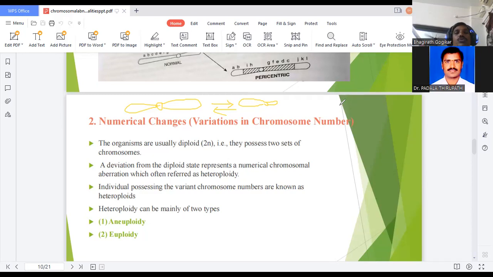In these two chromosomal aberrations, we can see position effect. What is meant by position effect? For example, before chromosomal aberration, the position of the A gene is here. After chromosomal aberration, the gene position is changed to another locus.